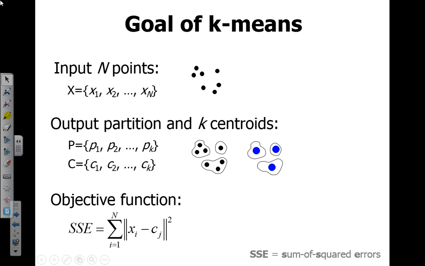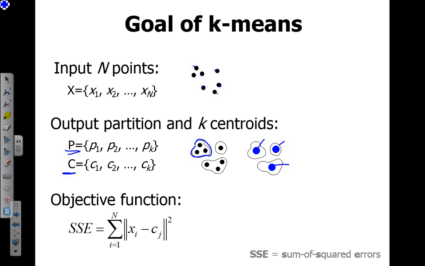Okay, so K-means is a well-known algorithm that, for a given set of input points, aims at finding the clusters. It partitions each of the data points to its own cluster, finding the partitions, and also a set of centroids representing each cluster.